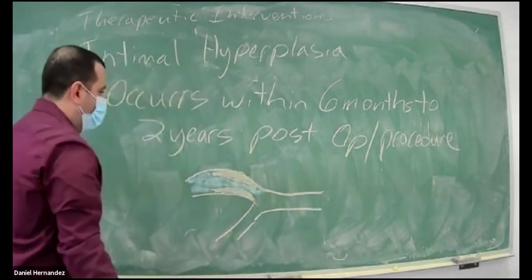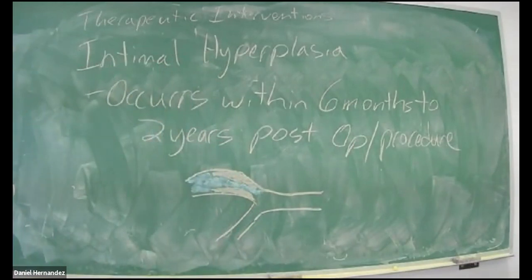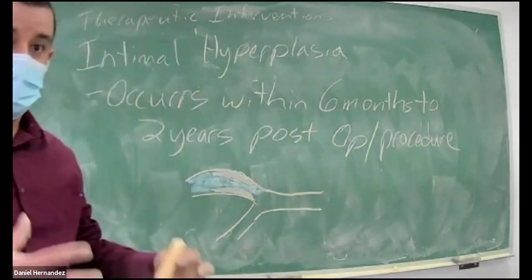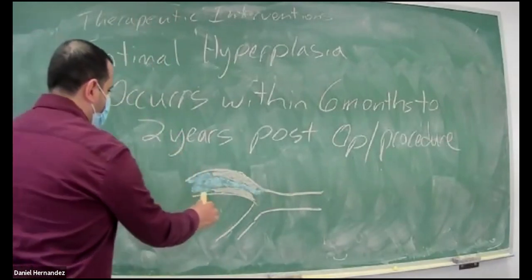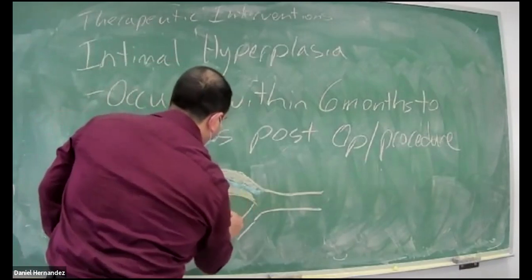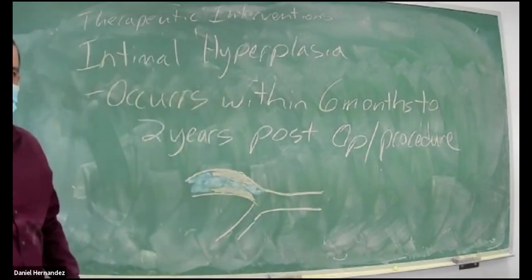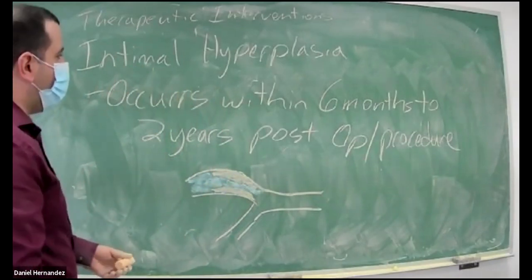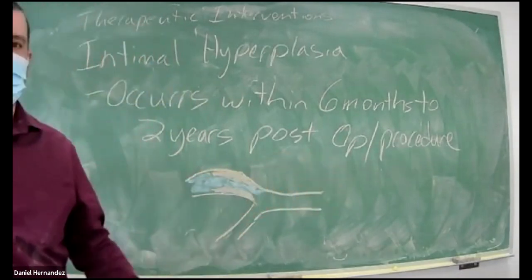As a result, post-op of this intimal hyperplasia, this neo-intimal hyperplasia, that might be another term that you might see, a new intimal hyperplasia, we now have thickening of that vessel, which creates a stenosis and narrowing of the vessel, which occurs typically between 6 months to 2 years post-op, post-endarterectomy, post-procedure.